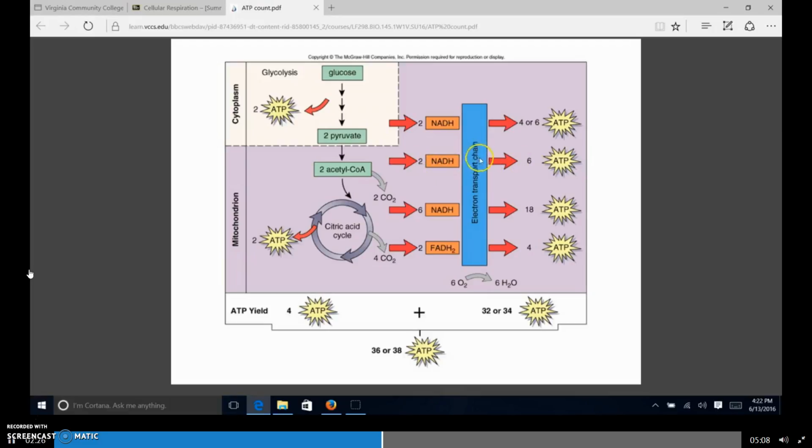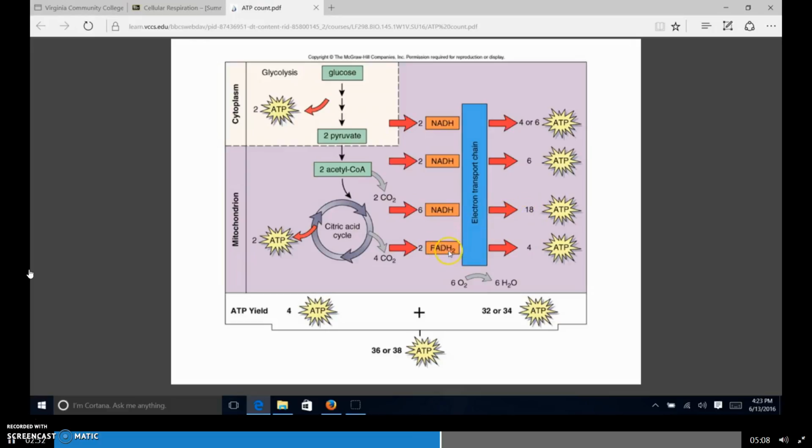How I can remember that is this meant 2 NADHs went through 3 pumps to give me 6 ATP. Now, notice, 6 NADHs had to go through how many pumps to give me 18? Well, 6 times 3 is 18, so these 6 NADHs that came from this step activated 3 of our pumps, went through oxidative phosphorylation, and gave us 18 ATP.